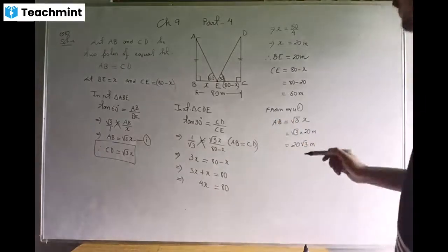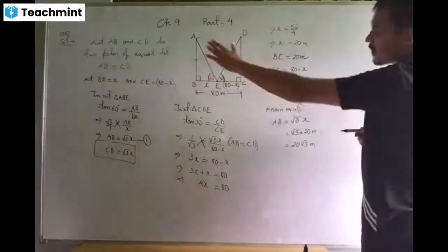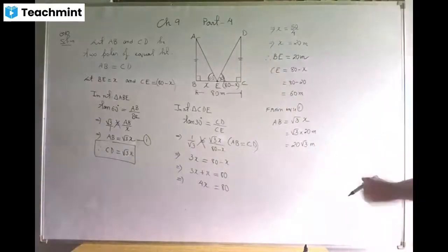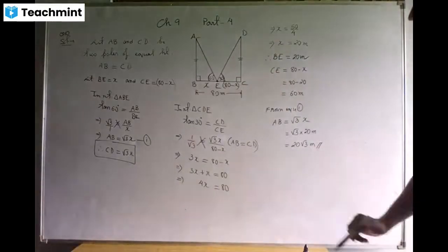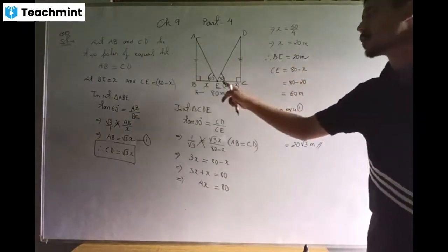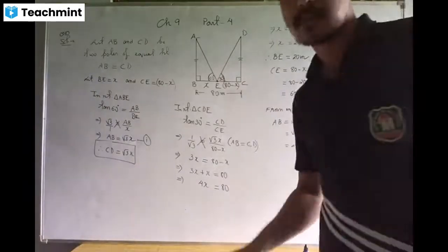What does AB represent? The height of the pole. CD, the same thing, CD and AB are equal. So obtaining AB means you have determined the height of the two poles. And we have also obtained BE and CE, which means we have also obtained the distance of the point from the two poles.